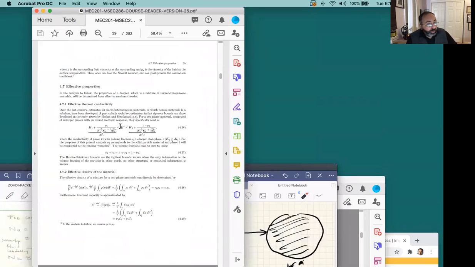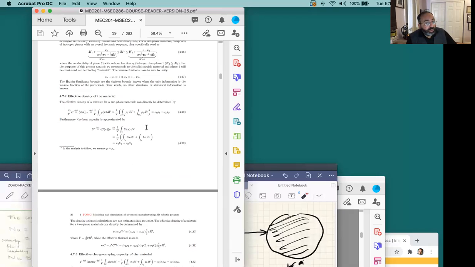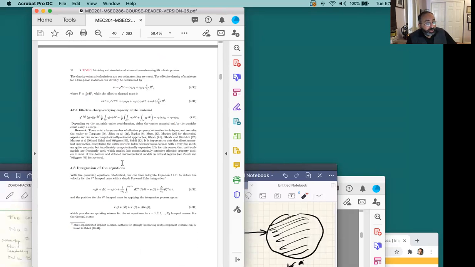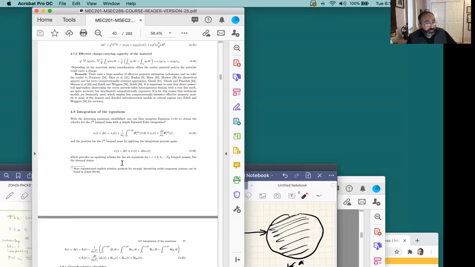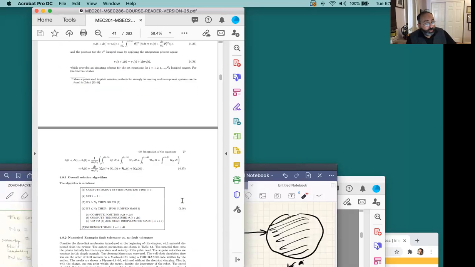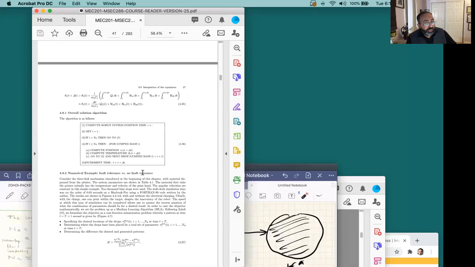We'll come back to exactly how we derive those towards the middle of the semester, but for the purposes of your assignment, you're simply to use them to get effective medium representations for all of the blobs of material that occur in the system. So the bottom line at the end of the day is we integrate for the velocity in equations 4.33, we integrate for the temperatures in equations 4.35, and we basically solve the system.